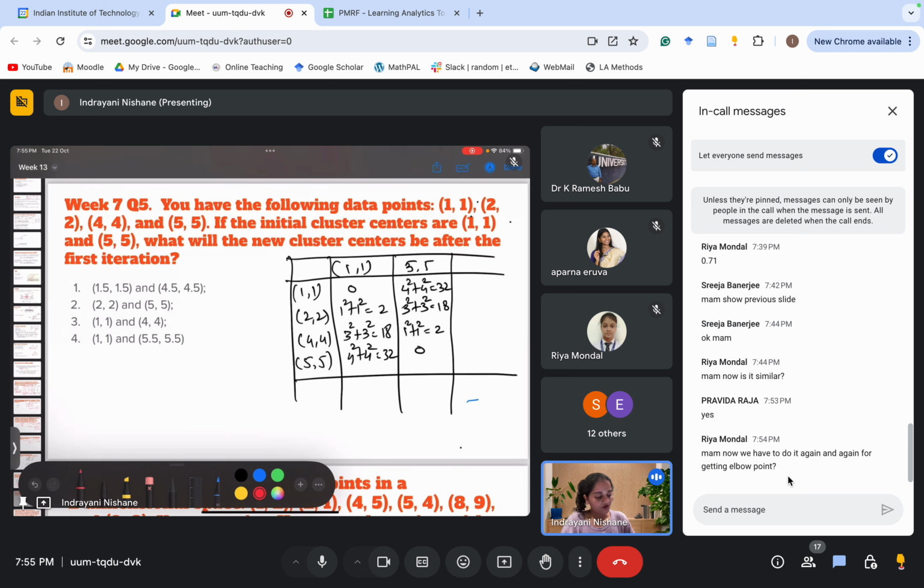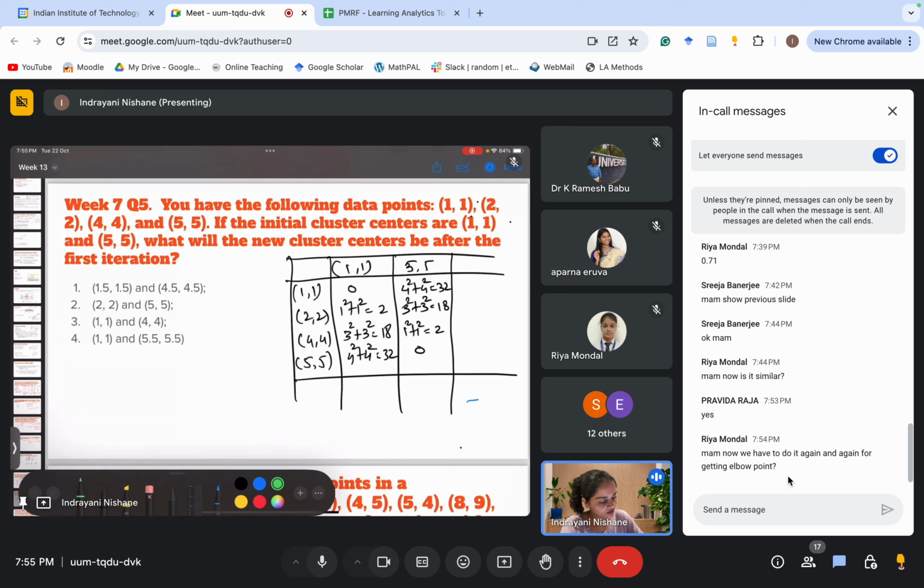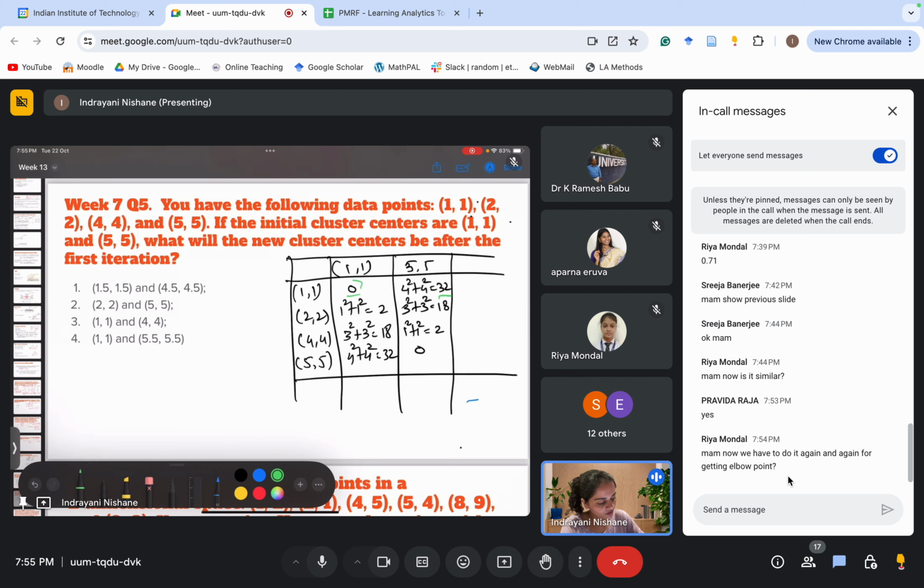So now we have to find out the minimum distance of each point from which centroid. Between 32 and 4 this is less, between 18 and 2 this 2 is less, and between 32 and 0 this is less. So these 2 points will be assigned to centroid 2 and these 2 points will be assigned to centroid 1.